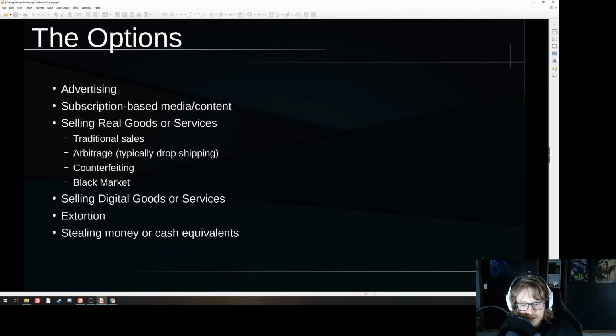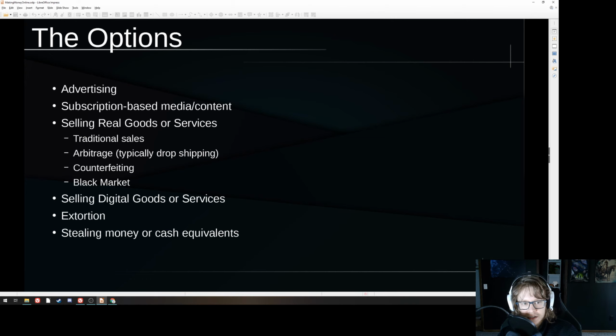There's arbitrage, typically in the form of drop shipping on the internet, but arbitrage usually refers to buying from one party and selling it to another, sometimes without even taking physical possession of the goods. So things like buying futures and such could be considered arbitrage. You've got your good old counterfeiting and black market sales. You've got your selling of digital goods and services. And then you've got extortion and straight up stealing.